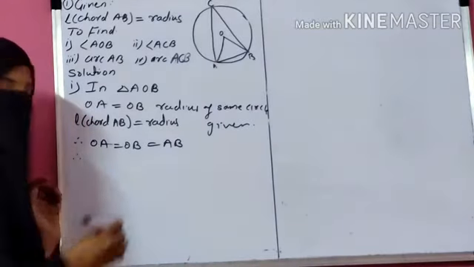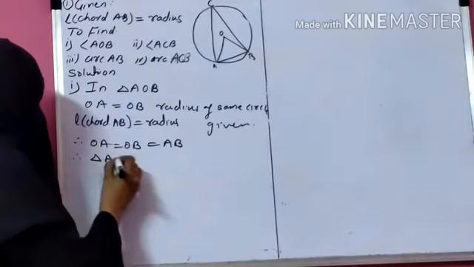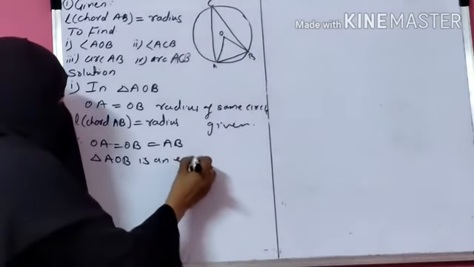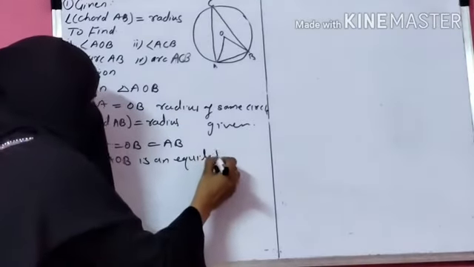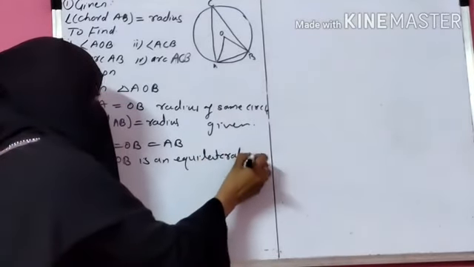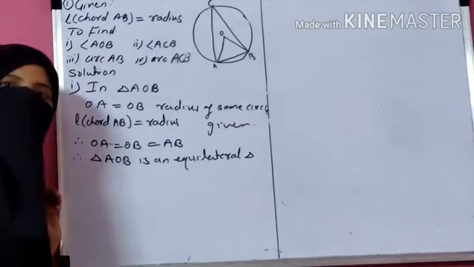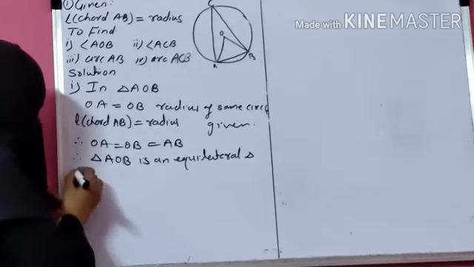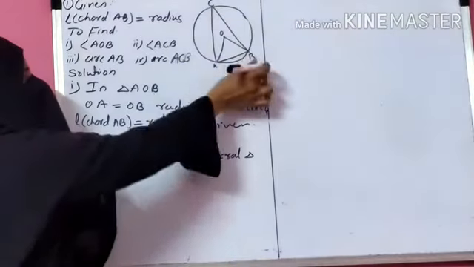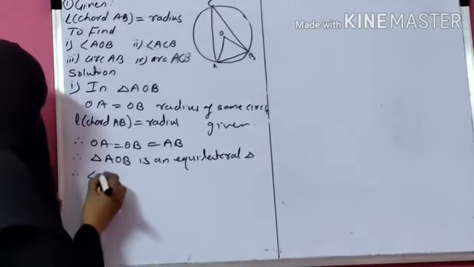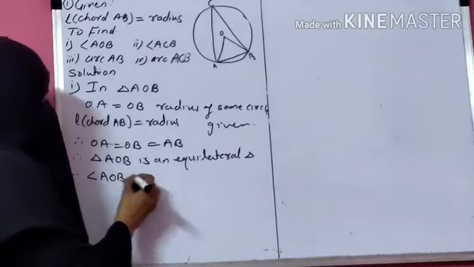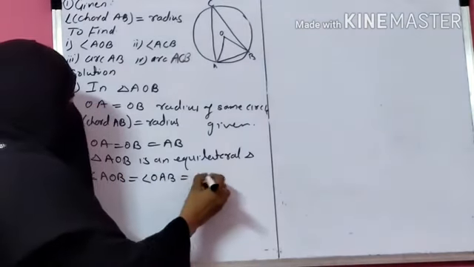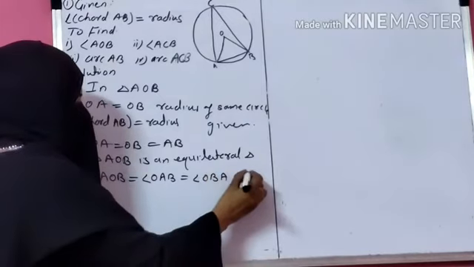All three sides are equal. So therefore triangle AOB is an equilateral triangle, as all three sides are equal. Therefore all the angles of the equilateral triangle are of 60 degrees. So angle AOB is equal to angle OAB is equal to angle OBA is equal to 60 degrees.